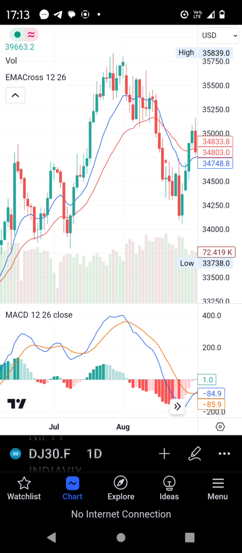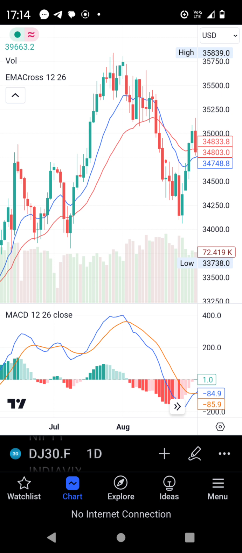Okay, so the MACD blue line below the signal line indicates downtrend or a sideways movement. Blue line above the signal line, that is blue line above the red line, indicates upward movement, or if it is below the 0 line, it indicates sideways.